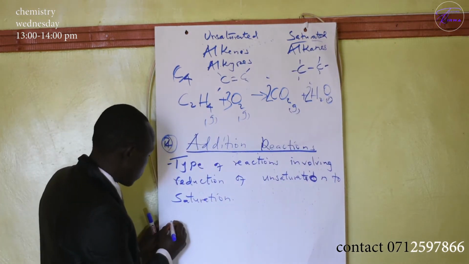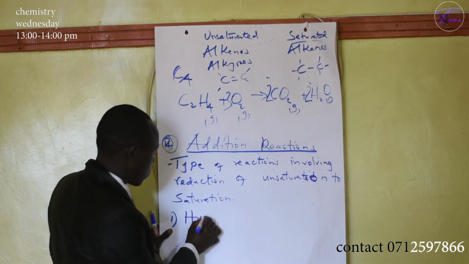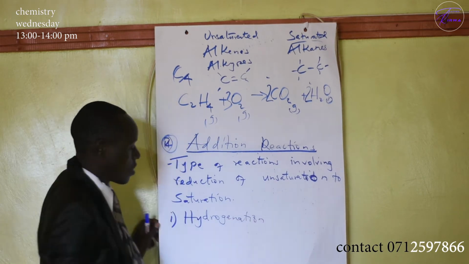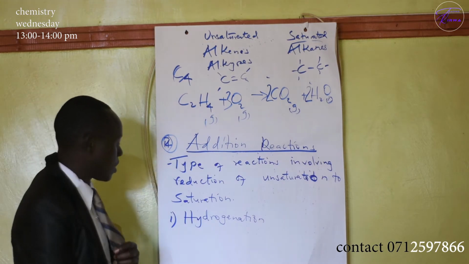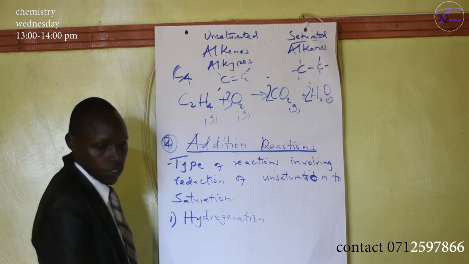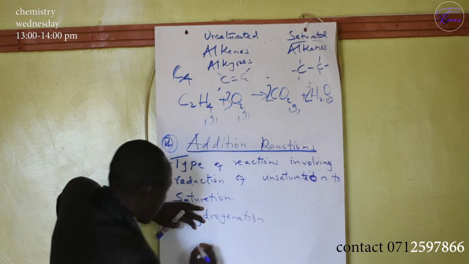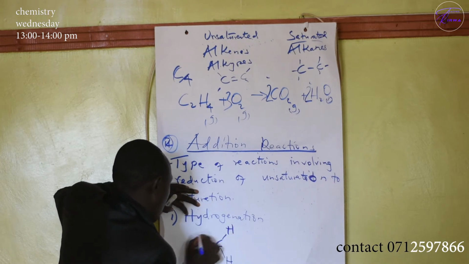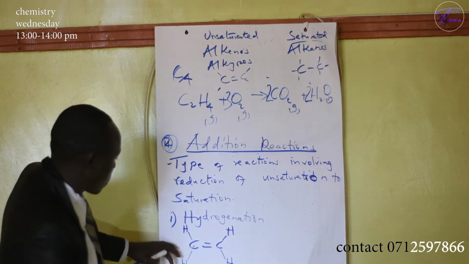So the first addition reaction, Roman 1, is called hydrogenation. Okay, hydrogenation. So hydrogenation from the name is simply addition of hydrogen. So this is ethene.